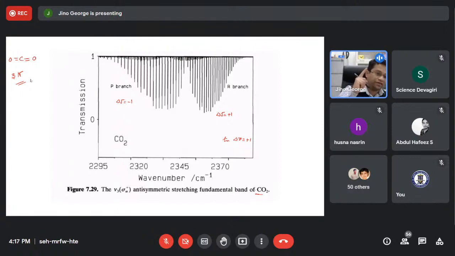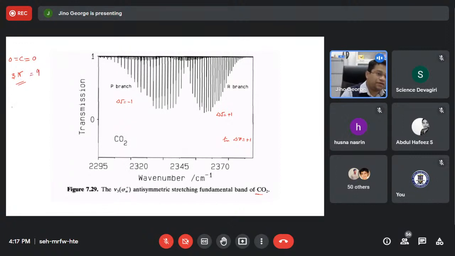We already said that it's a 3-dimensional system. I can define a Cartesian coordinate as x, y, and z. So I have 3 possibilities to fix it. I fix one atom on the Cartesian coordinate, then the second one, and the third one, which together form a molecule. Now I have 3 into 3, 9 degrees of freedom.